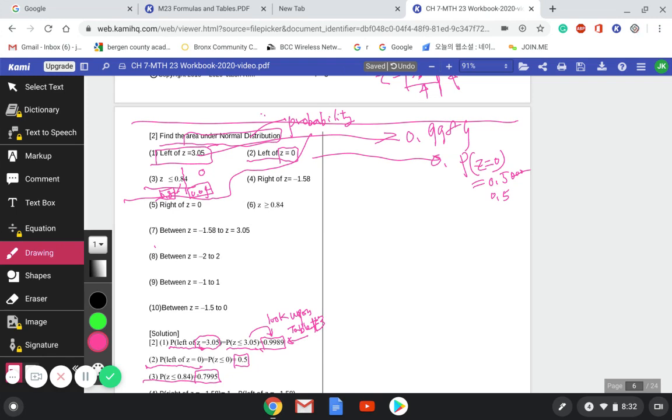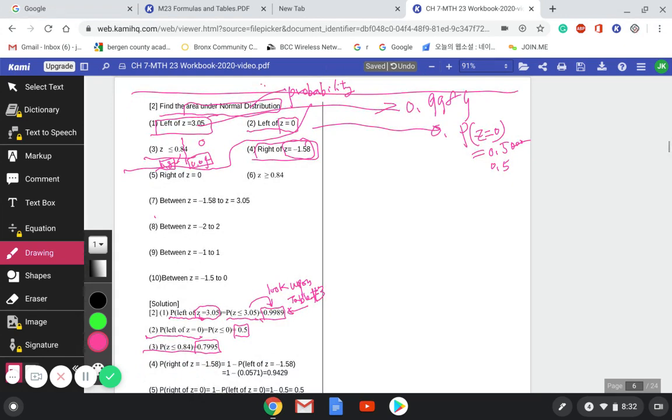Then how do you find the right side? The right side of when z equals negative 1.58. How would you do that? When you have the right side of z equals negative 1.58, the way you do it is you always do 1 minus the probability of the left side of z equals negative 1.58.